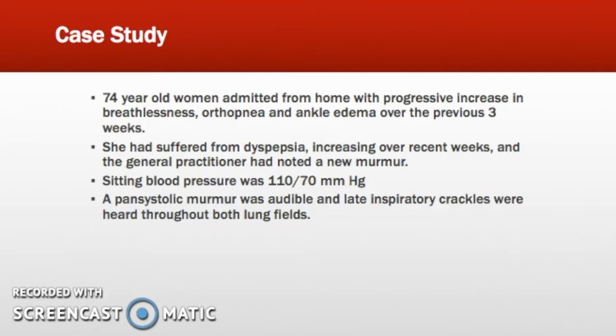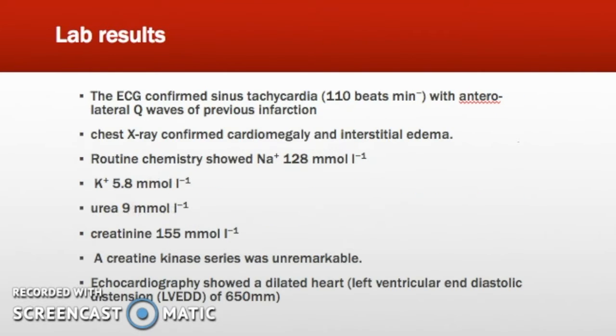In this case study, we have a 74-year-old woman admitted from home with progressive increases in breathlessness, orthopnea, and ankle edema over the previous 3 weeks. She has suffered from dyspepsia increasing over recent weeks, and the general practitioner had noted a new murmur. Sitting blood pressure was 110/70, and a pan-systolic murmur was audible, and late inspiratory crackles were heard throughout both lung fields. The EKG confirmed sinus tachycardia with 110 beats per minute, with anterolateral Q waves of previous infarction.